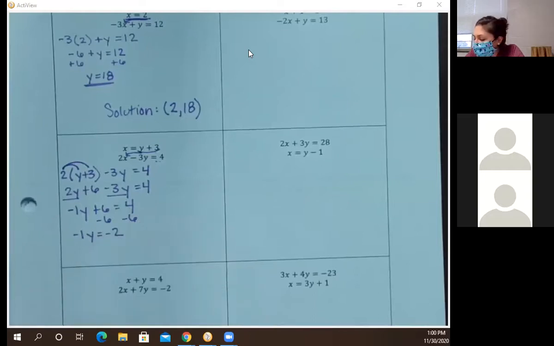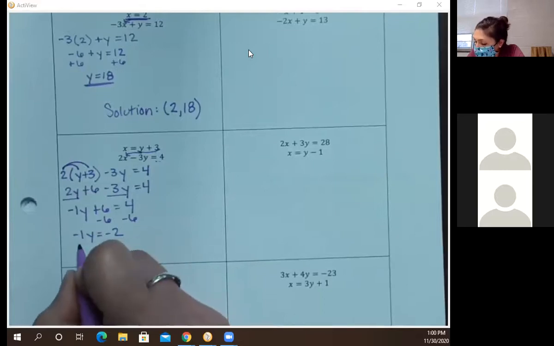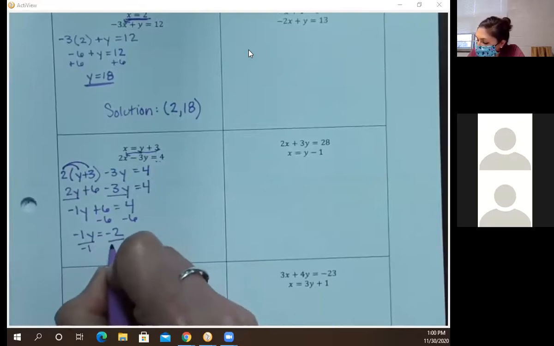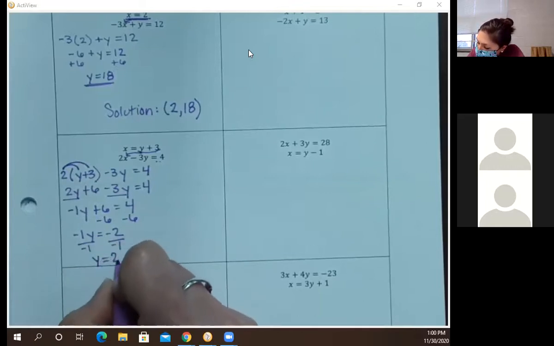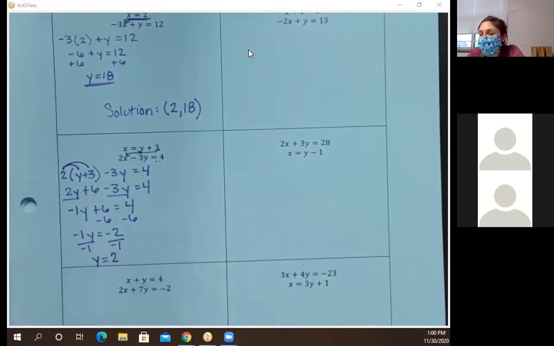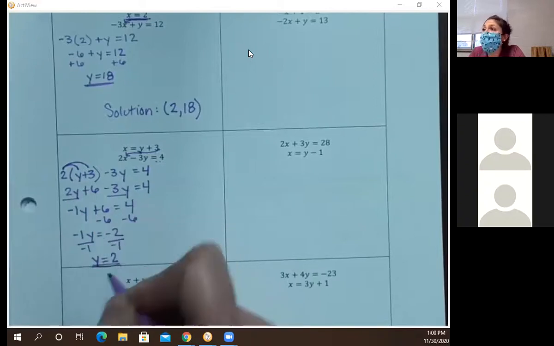And then my last step to get y by itself: I've got negative 1y right now, and I want just plain old y. I'm going to divide both sides by negative 1. So I get y equals 2. Negative 2 divided by negative 1 is 2. Since I only had y's here, I could solve for y.